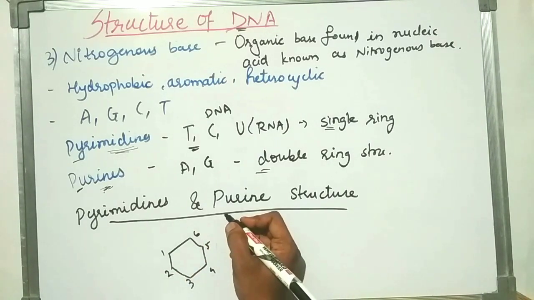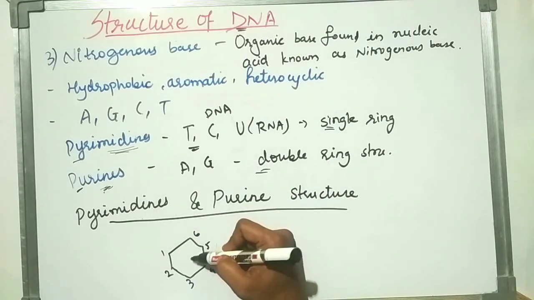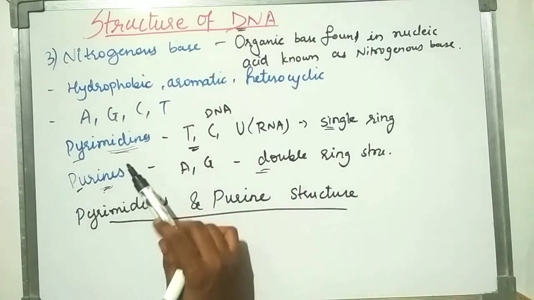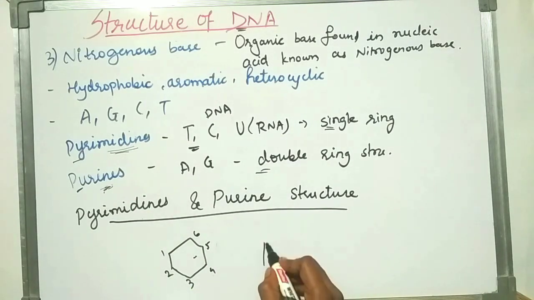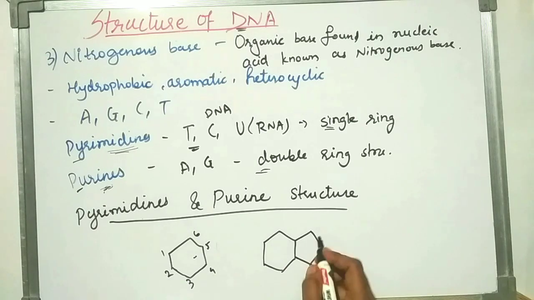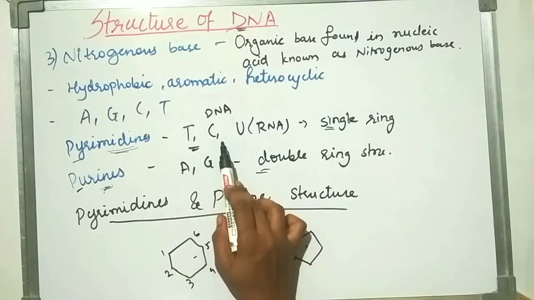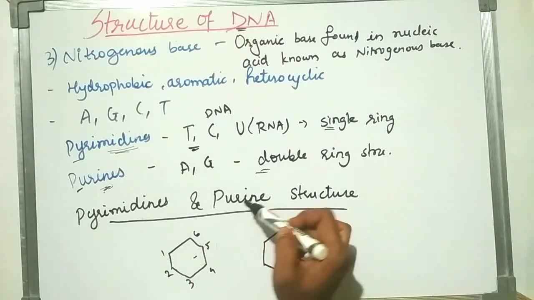As I told you, pyrimidine is a single ring, so it will look like this, and purine is a double ring structure, so it will look like this. A pyrimidine ring and an imidazole ring are present. We will see the detailed pyrimidine structures, thymine and cytosine, and purine structures, adenine and guanine.